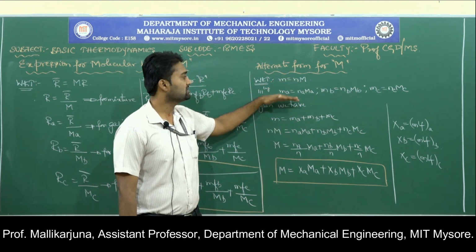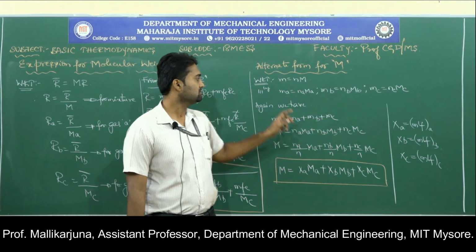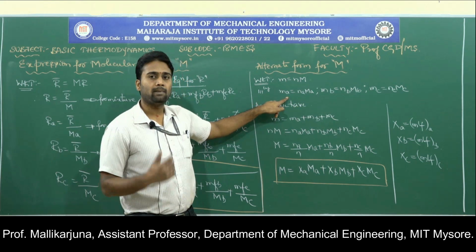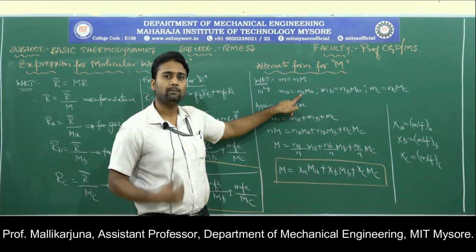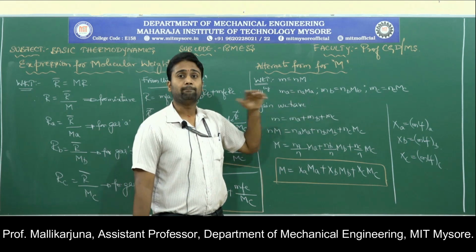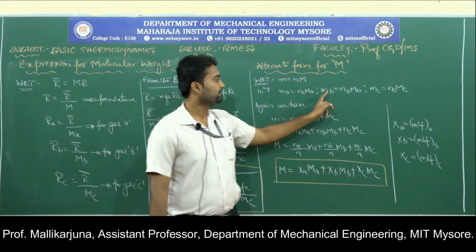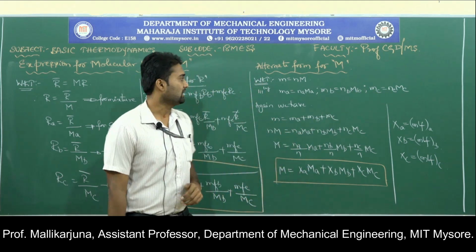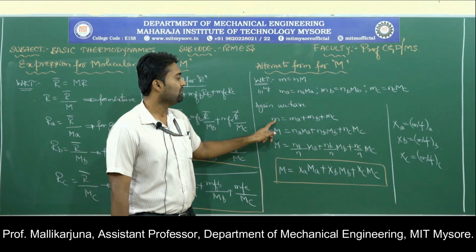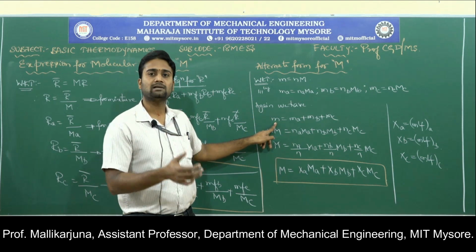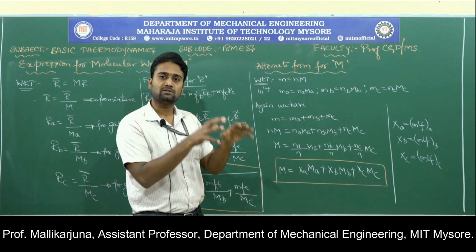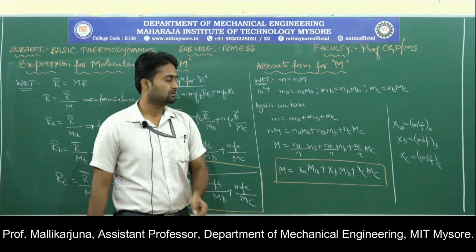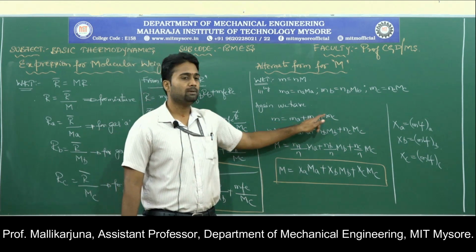If I write the same equation for various constituent gases, then ma is equal to Na Ma, please make sure ma is the mass of constituent gas A, Na the number of moles of A, capital Ma the molecular weight of A. Similarly, mb is equal to Nb Mb and mc is equal to Nc times Mc. From the very base equation, we have the mass of the mixture equal to the summation of the individual constituent gases' masses, that is m is equal to ma plus mb plus mc.